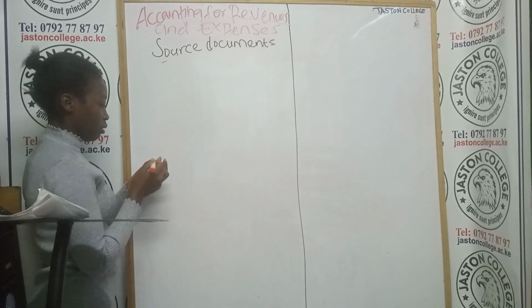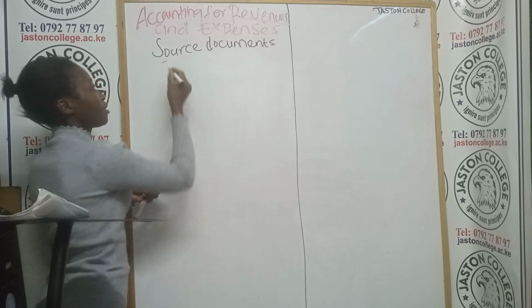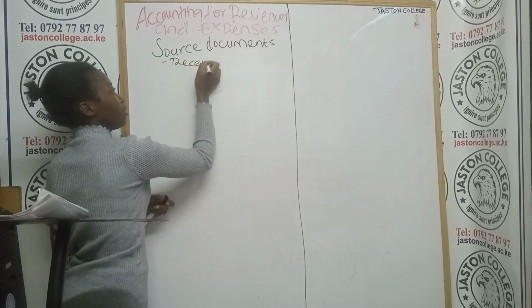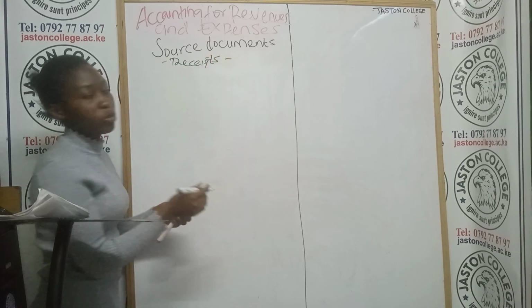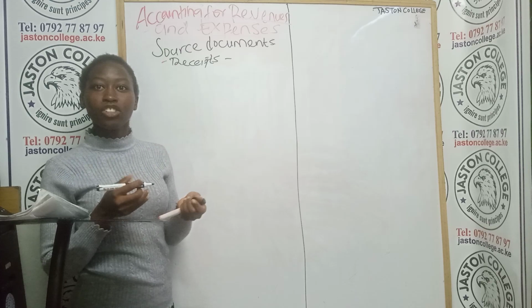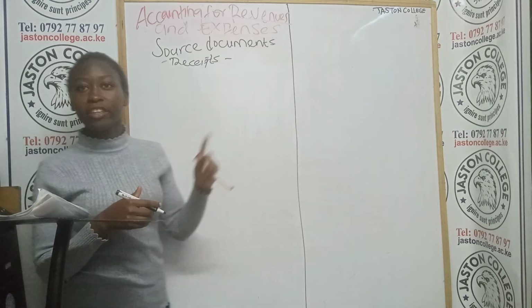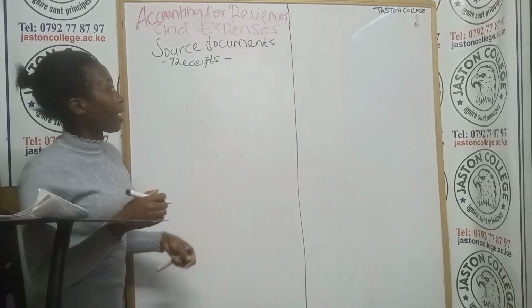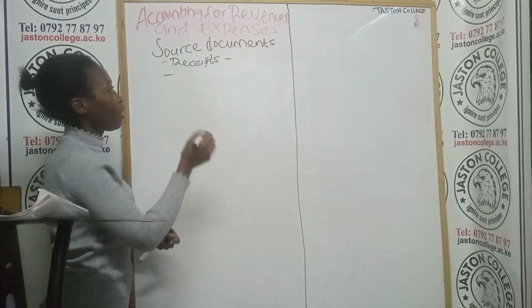So we have our receipts. So receipts are basically what we get after paying or after a cash transaction, when we buy things on cash. Then we have our bills.